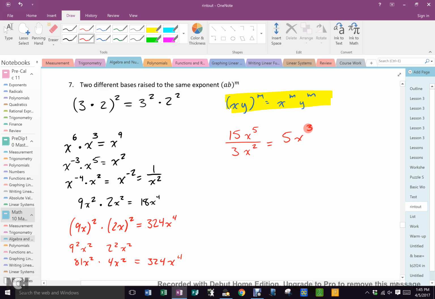Why? Because numbers go with numbers, and the letters go with letters. 15 divided by 3 is 5. X to the fifth divided by x squared is x cubed. Right? Okay. What about this one?